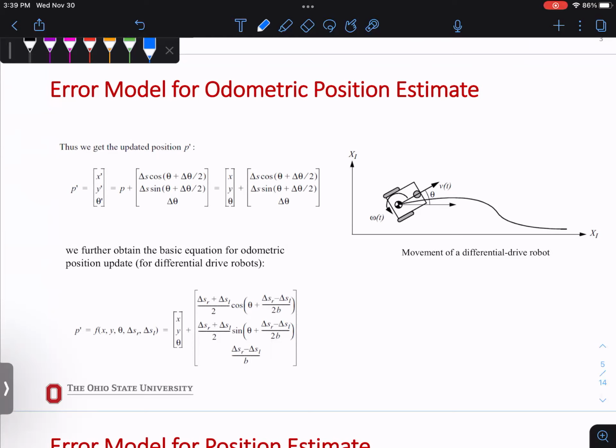If we want to get a basic equation for the odometry position update, we're going to have this. Our updated position is going to be our current position plus this, which you can see right now depends on delta SR, delta SL, and theta. And V is the distance of each wheel to the center of mass. Right? So everything is back to the car itself.